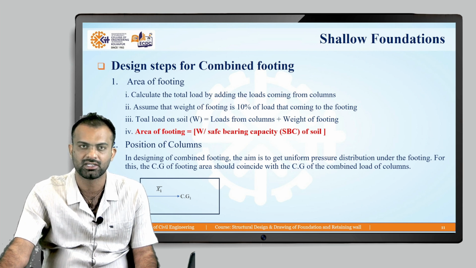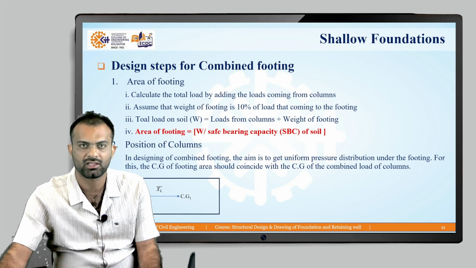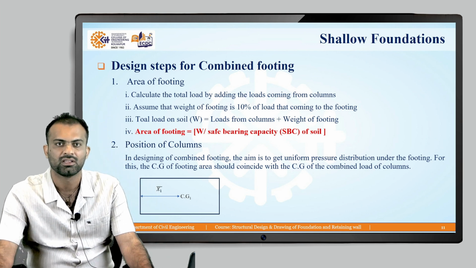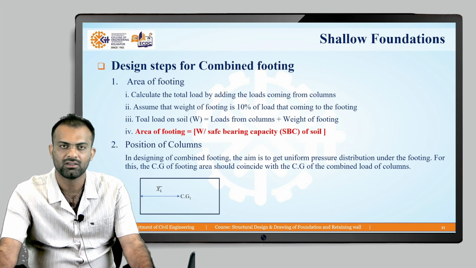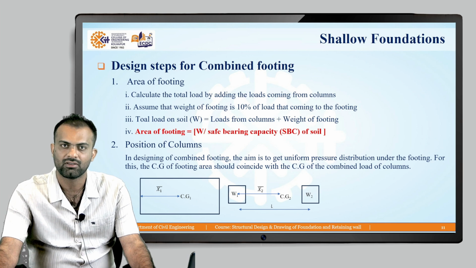Because it is rectangular, the CG of the rectangle will be at the center of the rectangle. So this is the CG of the footing, and there are two columns resting on the footing.